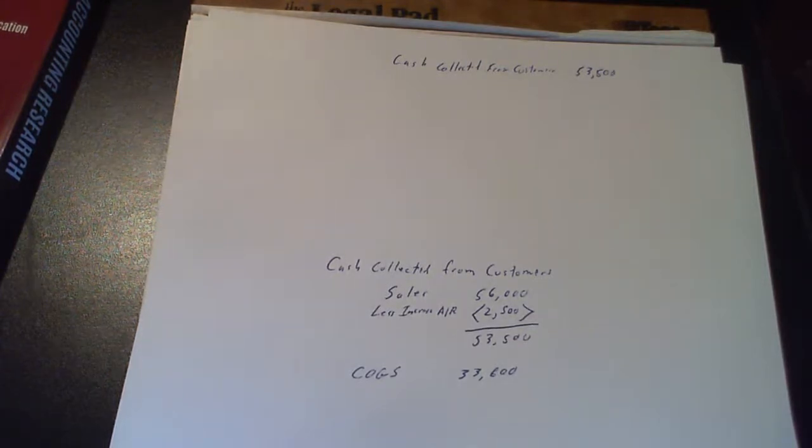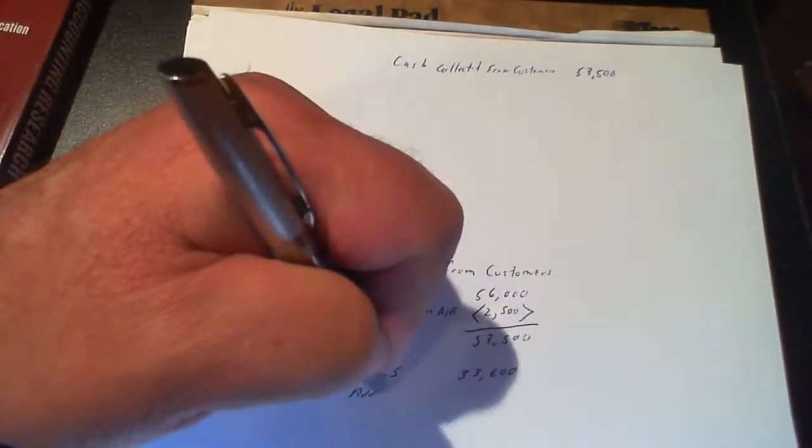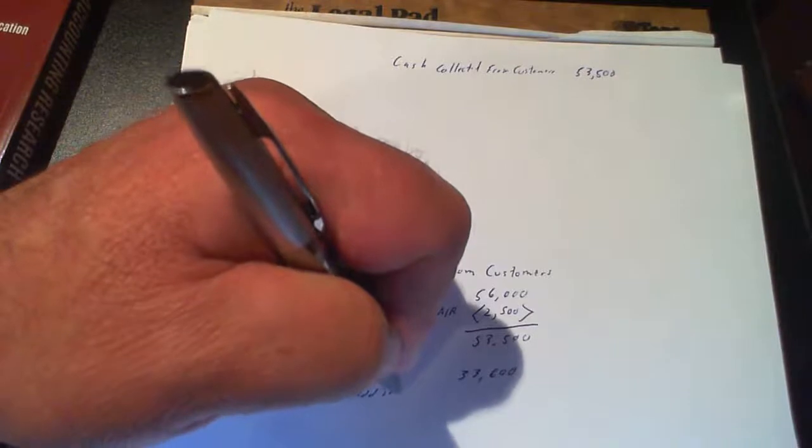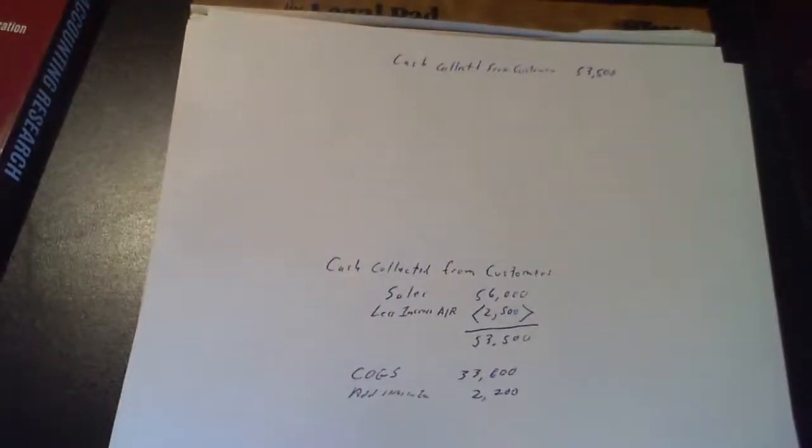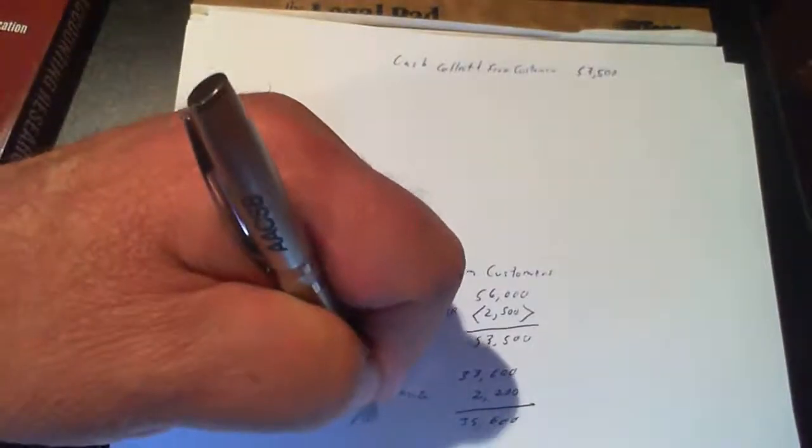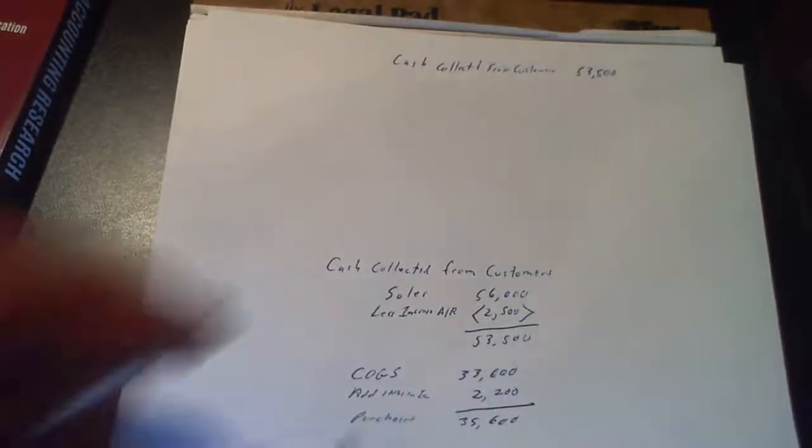So that would be an increase of 2,200. So we add the increase in inventory. And so that's going to give us our actual purchases here. So that will be 35,600. I'm sorry, 35,800.